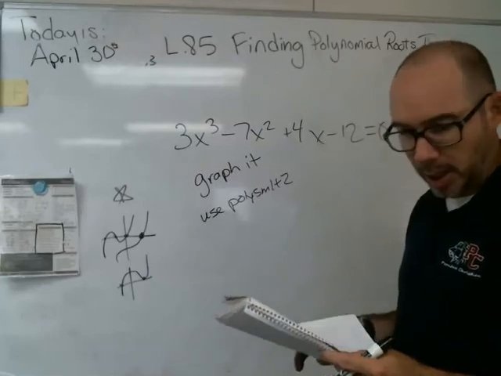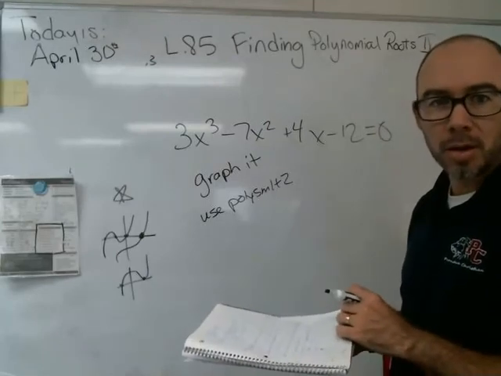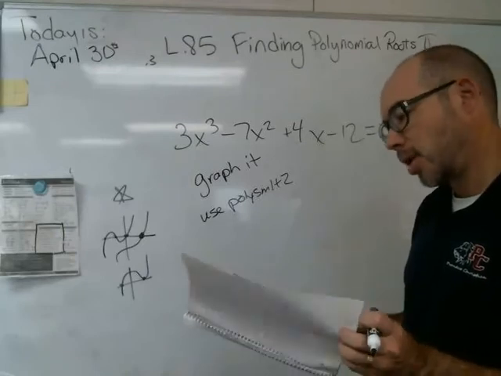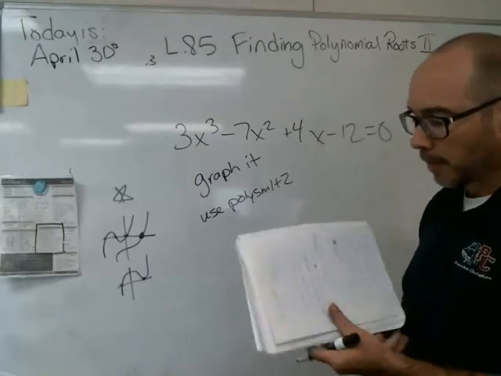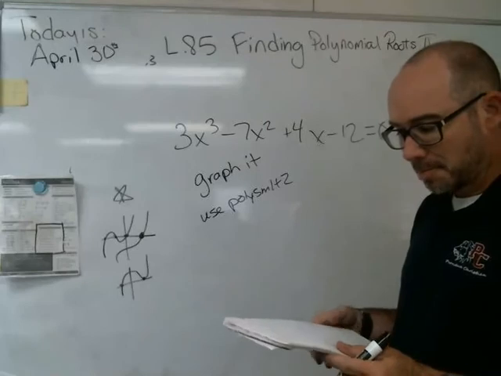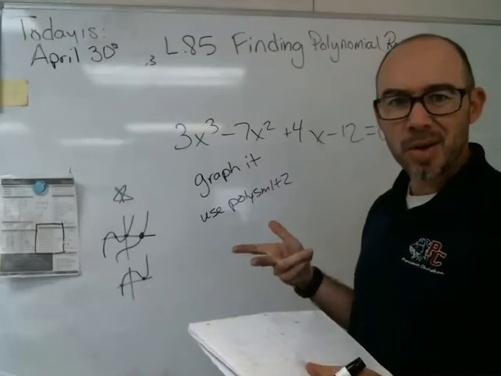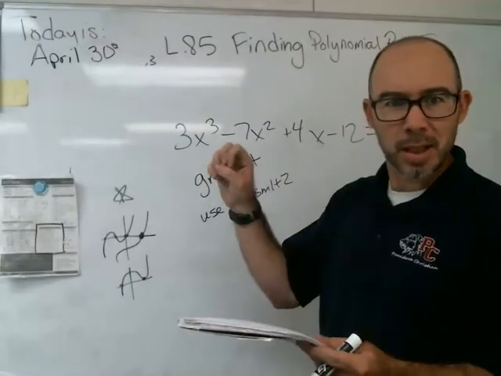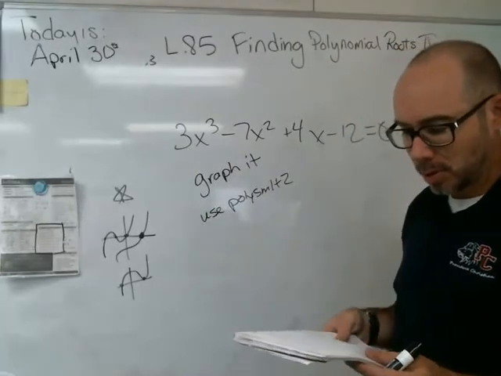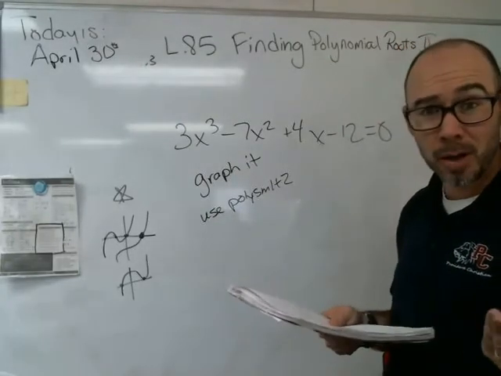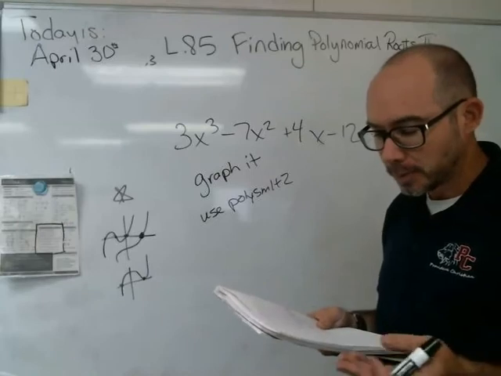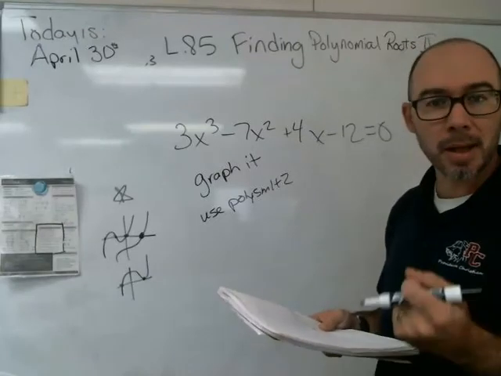So try that one on a calculator. 3, -7, 4, -12 get thrown in there. That's really my main thing. If you don't get the picture that looks like they're in exact places, you're going to want to use your polynomial root finder.